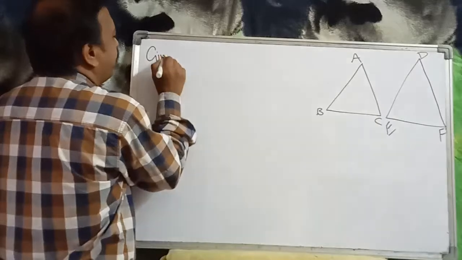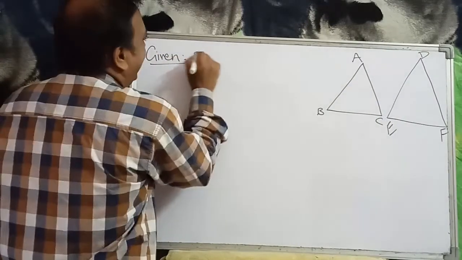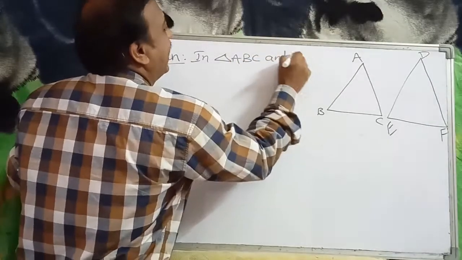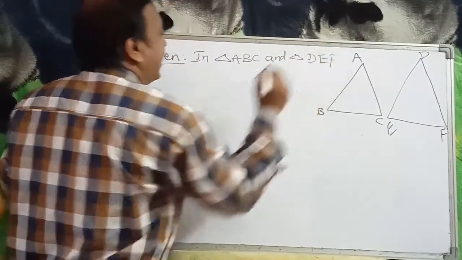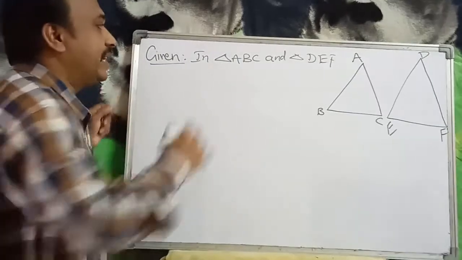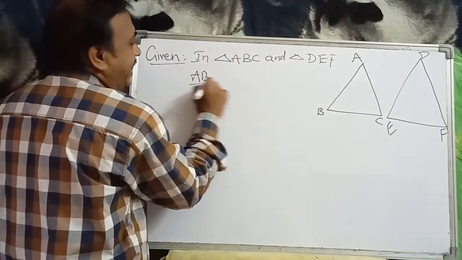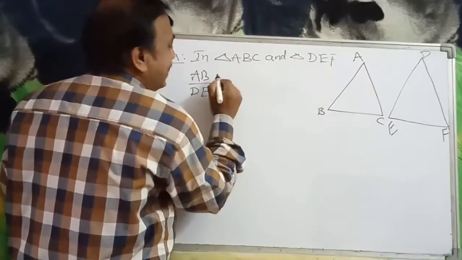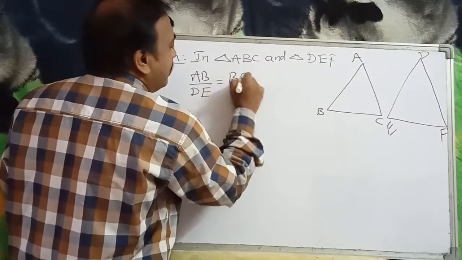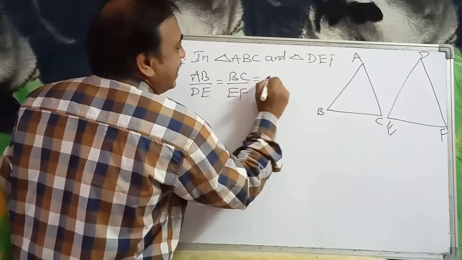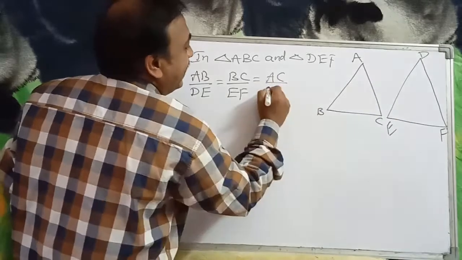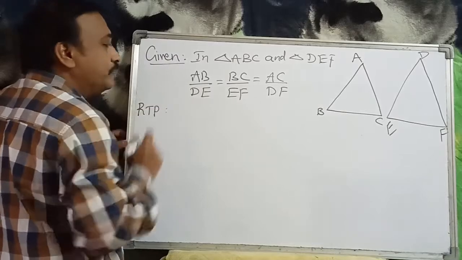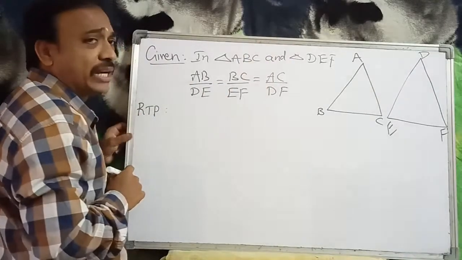So given, in triangle ABC and triangle DEF, AB by DE is equal to BC by EF is equal to AC by DF. This is given. We are required to prove triangle ABC is similar to triangle DEF.